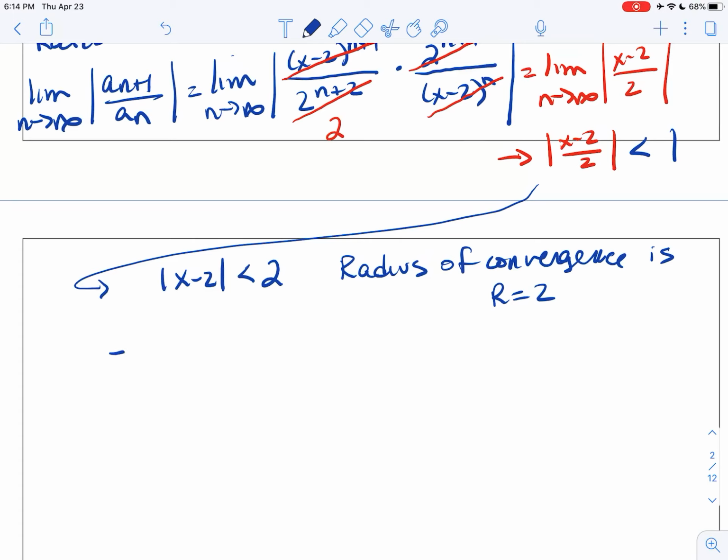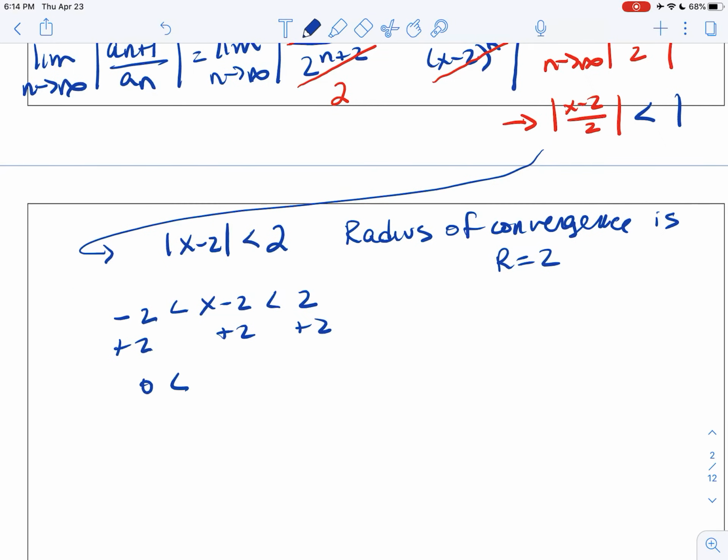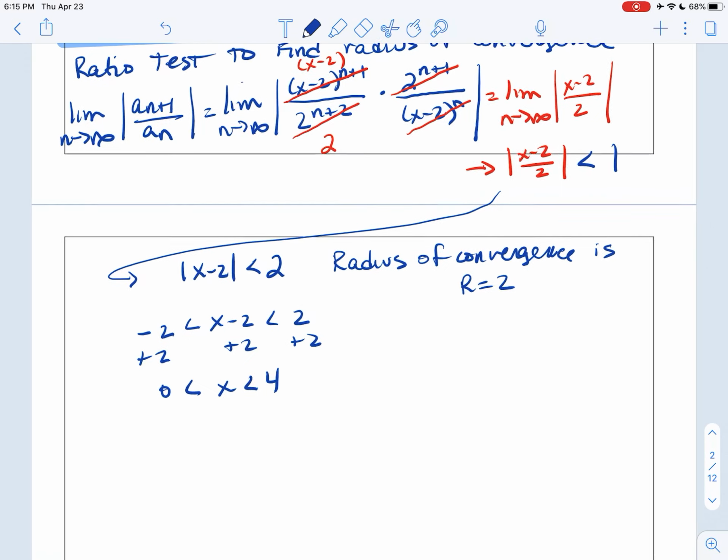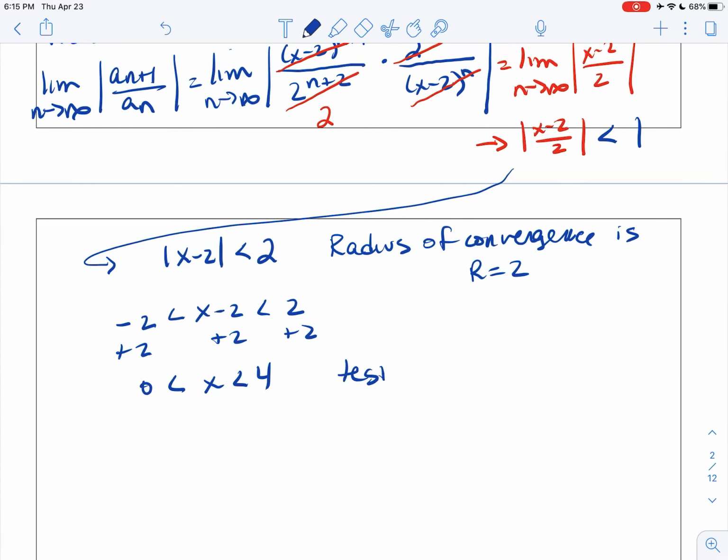And if I want to find my initial interval of convergence, I would transform this absolute value inequality to a compound inequality, and I would add 2 to all sides, and I would end up with 0 less than x less than 4, and then I would want to test my endpoints.